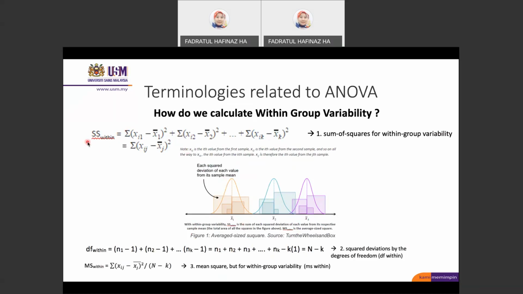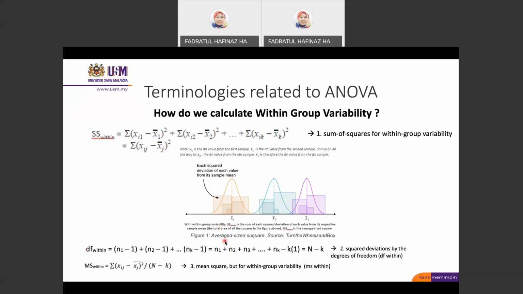Like between group variability, we then divide the sum of squared deviations by the degrees of freedom, df within, to find a less biased estimator for the average squared deviation.